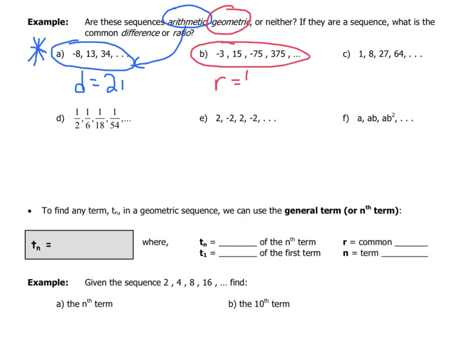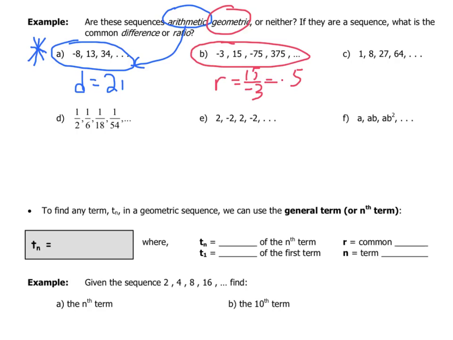If you take 15 divided by negative 3, 15 over negative 3, you get negative 5. And in fact, if you take 15 times negative 5, you'll get negative 75. And times negative 5, well, you get positive 375, and so on and so forth. This is a geometric sequence with a common ratio of negative 5.